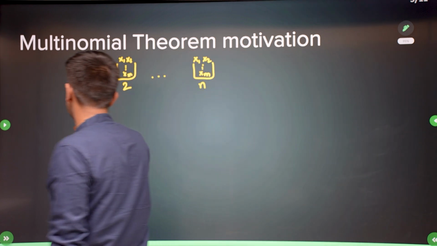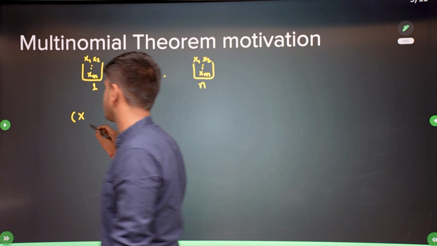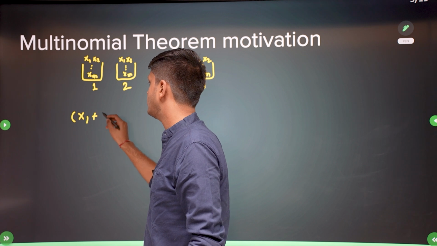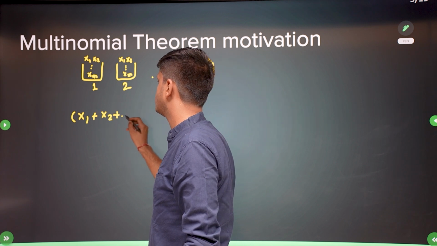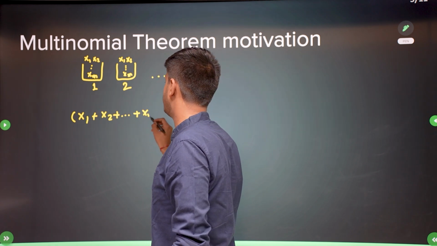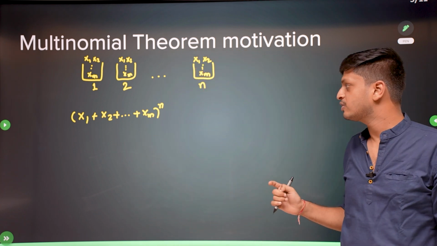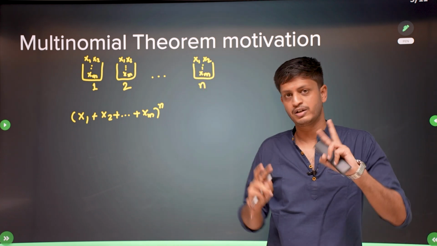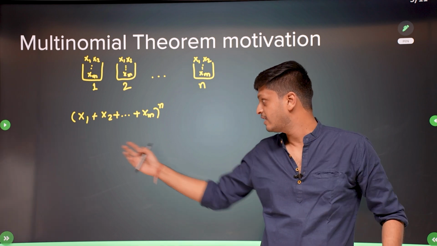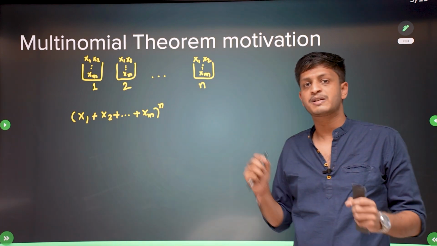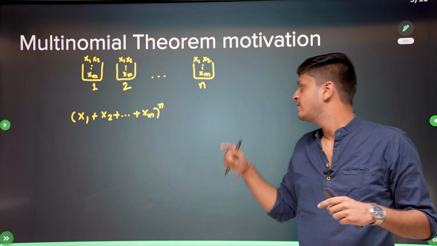So what you are trying to do is expand x1 plus x2 plus up to xm to the power n. In binomial theorem we had x plus y to the power n, only two variables, right? Here we have m variables. So x1 plus x2 plus x3 up to xm to the power n.